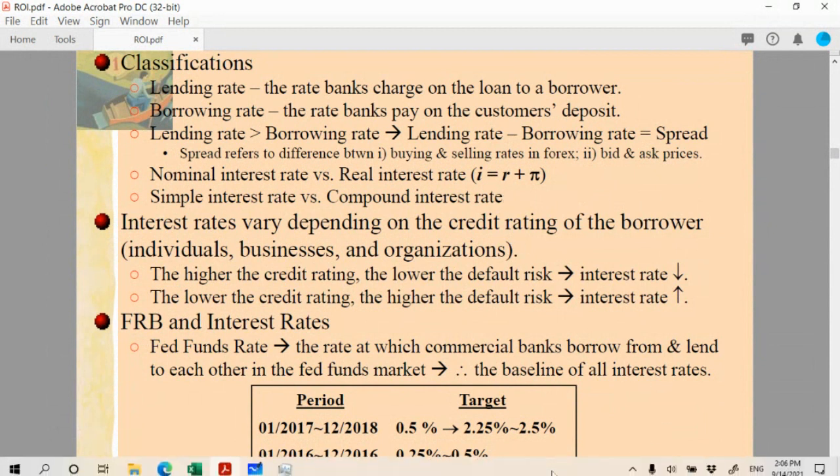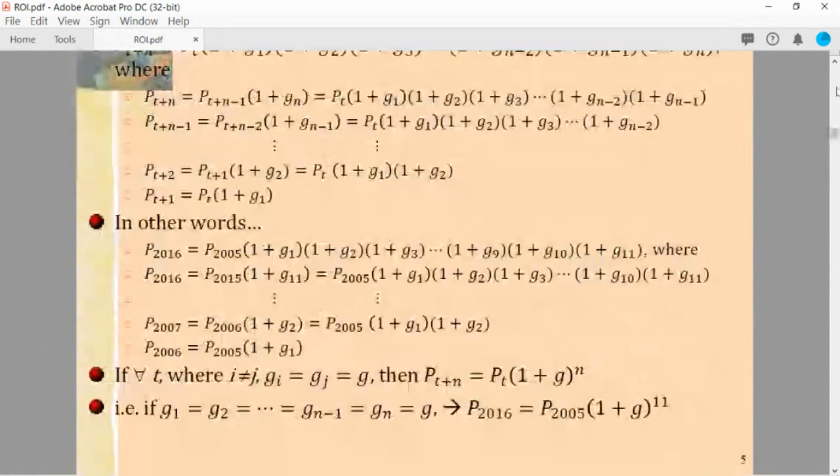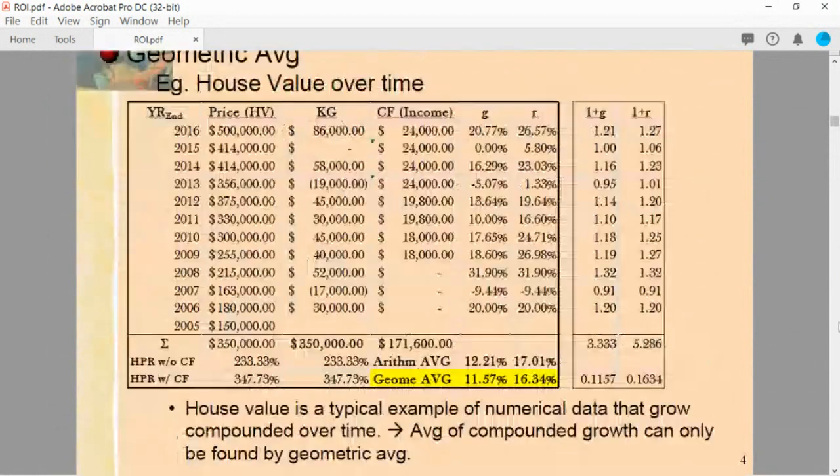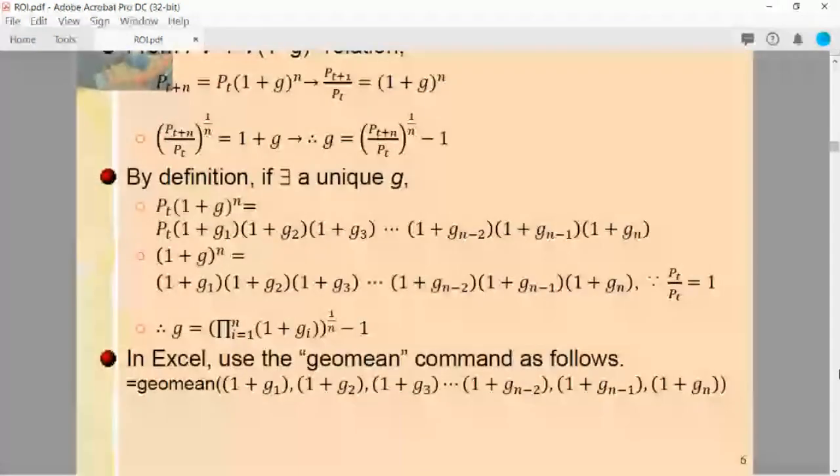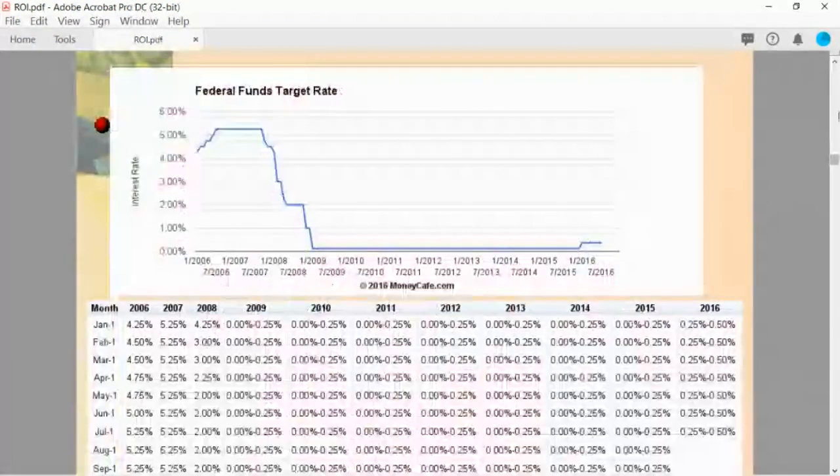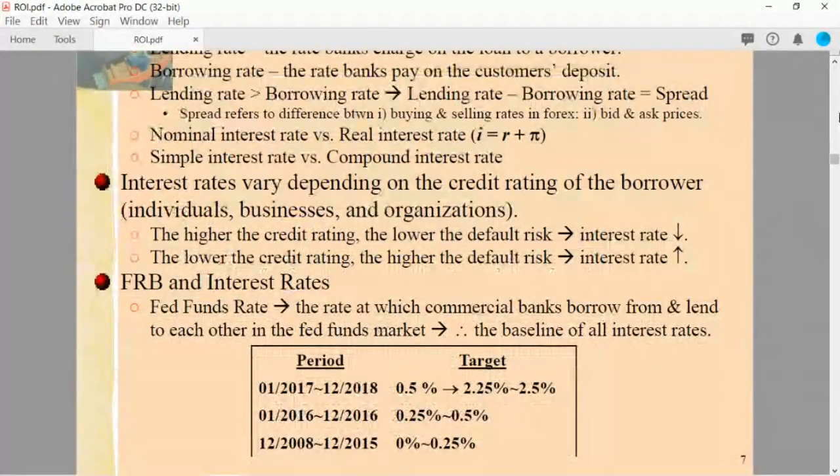And there's further classification of interest rate, which is simple interest rate versus compound interest rate. Now, you already know what compounding is because we talked about compounding already, while we were talking about geometric average, right?